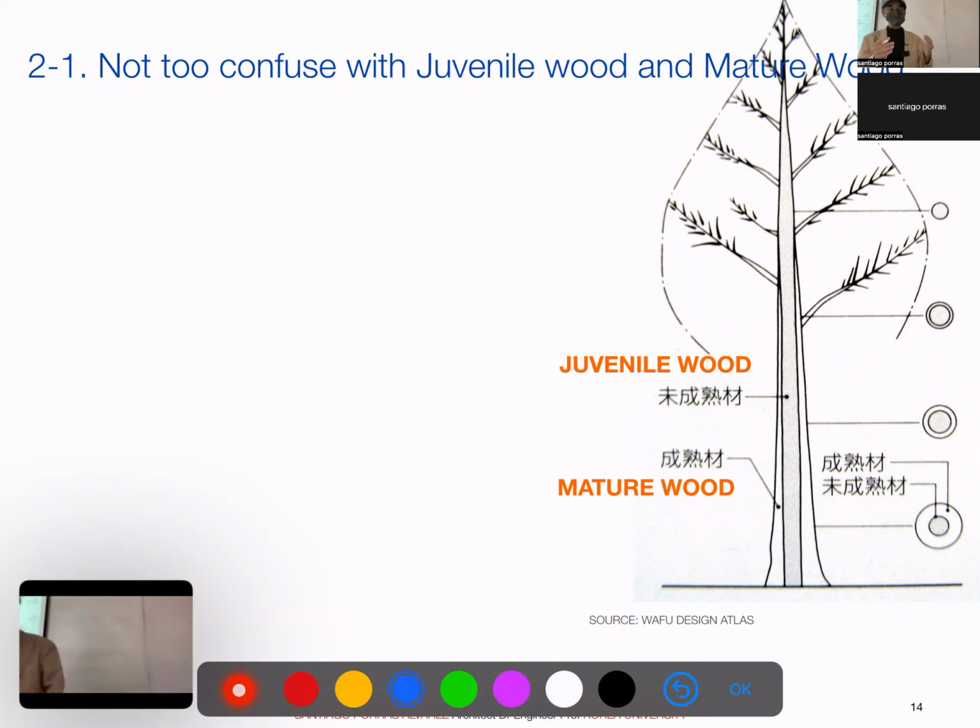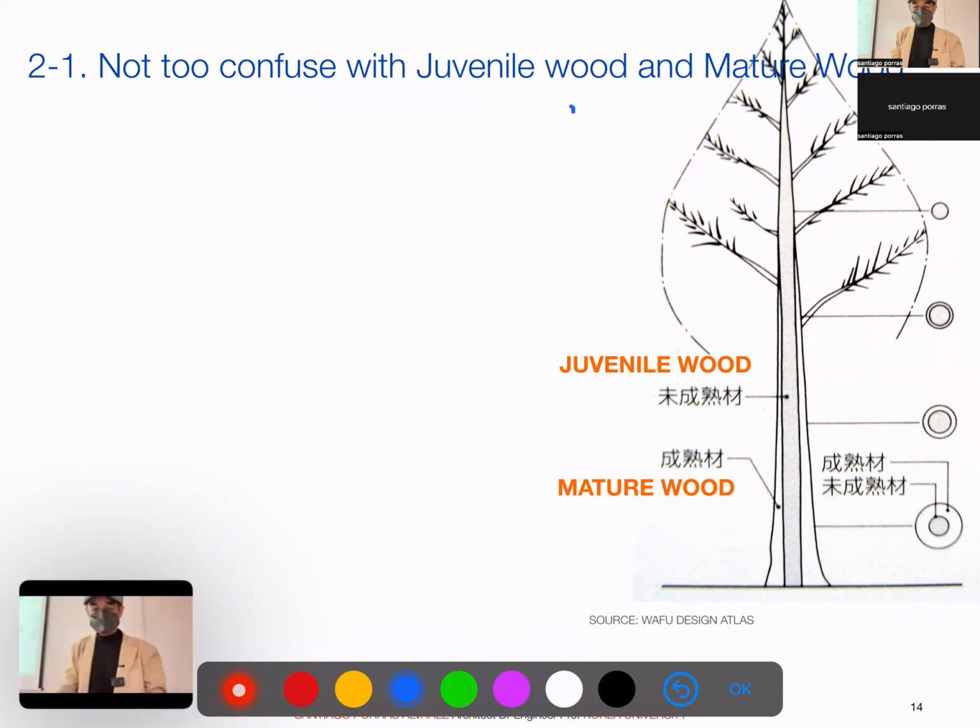So if we have the transversal section, if we see this section, we all will understand this is a very old part of the tree. The top is younger, because the trees grow upward. This is what creates confusion. So usually we use the lower part of the tree for construction. The rest is just lumber for burning, for biofuel or something like that.